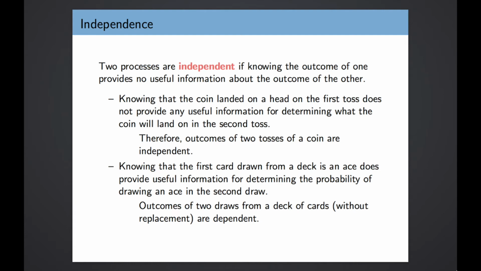Or I could be wondering if knowing whether a country is a democracy tells me any information about how likely that country is to fight in a war. So I'm asking, are income and voting dependent or independent? Are democracy, regime type, and going to war dependent or independent? Lots of our research questions are built this way.